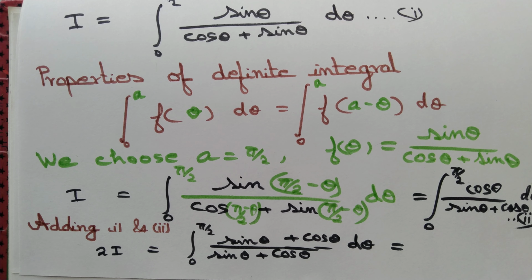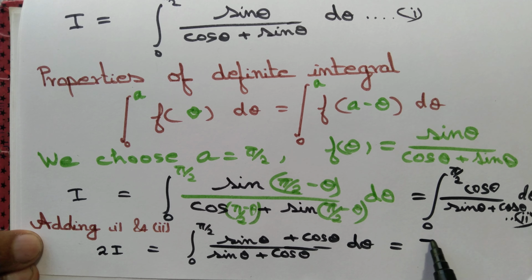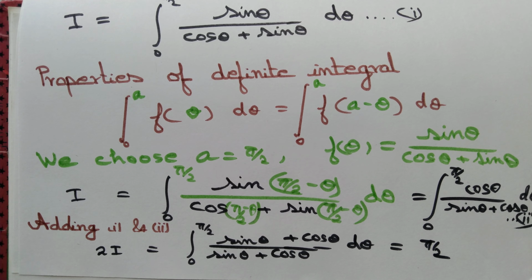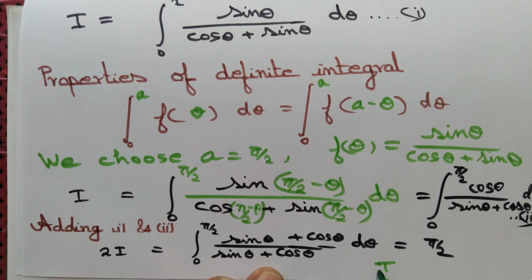We know that the integral of a sum equals the sum of integrals. We can cancel sine theta plus cos theta out, and the integral of 1 d theta is theta, and when we apply the limits 0 to pi by 2, we get pi by 2. Lastly, we divide by 2 throughout to say that I, the given integral, equals pi by 4.